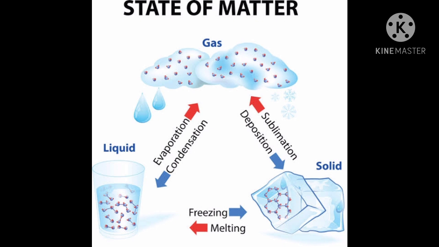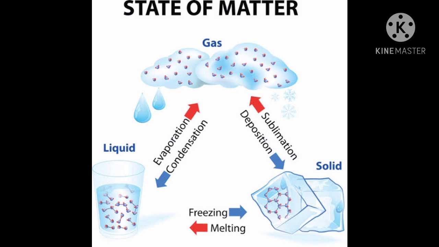Condensation. Condensation is the change of state of water from vapor state to liquid state. Children, here evaporation is a heating process and condensation is a cooling process. In evaporation, water gets heat energy. That is, water is heated.